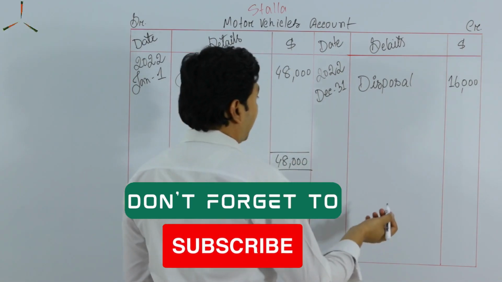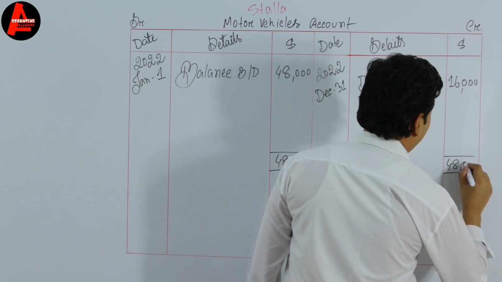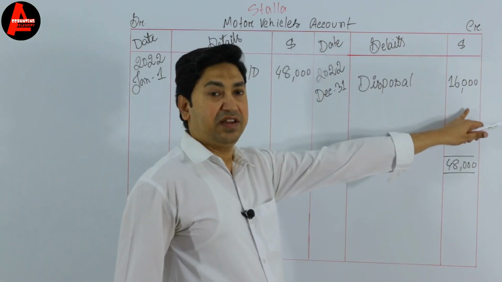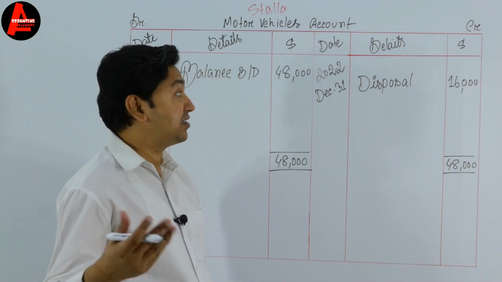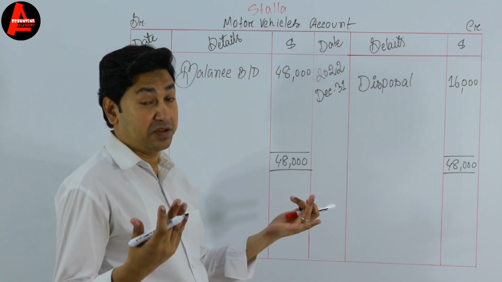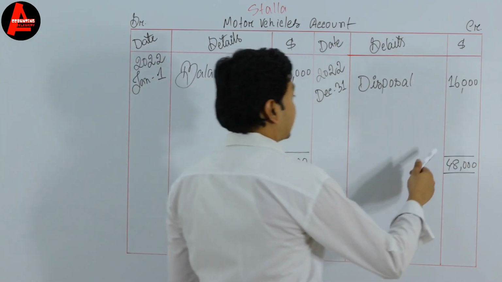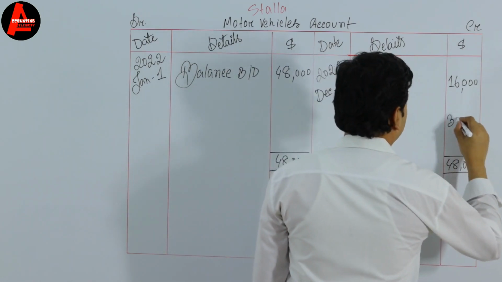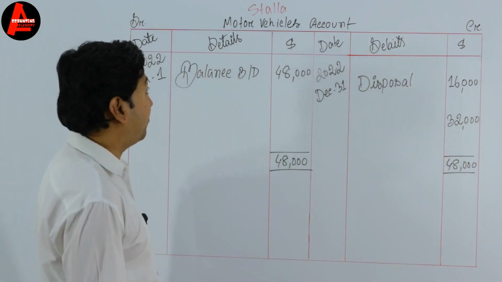We will take this amount to the opposite side, $48,000, and we will subtract the amounts we have in this column. Point to be noted, if we have multiple assets, we will write in the same way, same structure. Now if we subtract $16,000 from 48, we get $32,000, right? So this is the closing balance of the financial year.